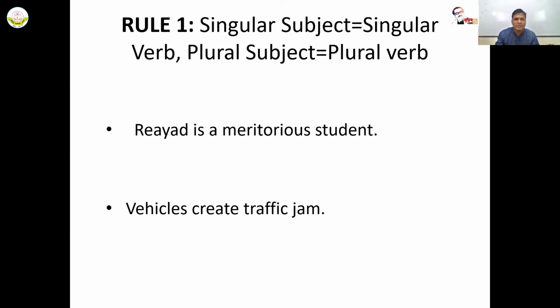Riyadh is a singular subject, and it commonly takes the singular verb is, not are. The second example: vehicles create traffic jams. Vehicles is a plural subject, and it takes the plural verb. So a singular subject commonly takes a singular verb, and a plural subject commonly takes a plural verb.